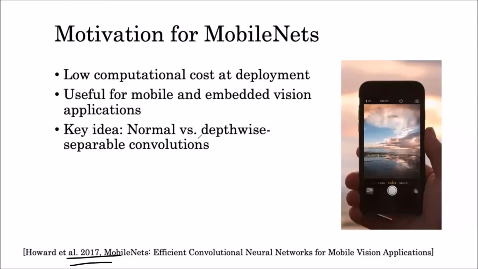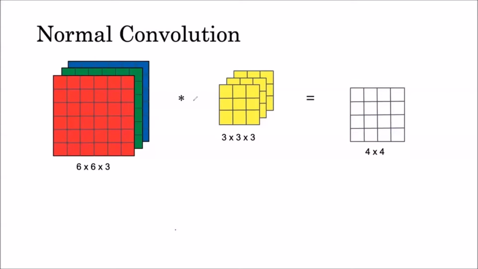In order to understand MobileNet, first we will understand the difference between normal convolution and depthwise separable convolution. Now we are discussing normal convolution. We have considered an input image with size 6 by 6 and 3 channels, so it is 6 by 6 by 3, and a 3 by 3 filter with 3 channels, so it is 3 by 3 by 3, and the output is 4 by 4.